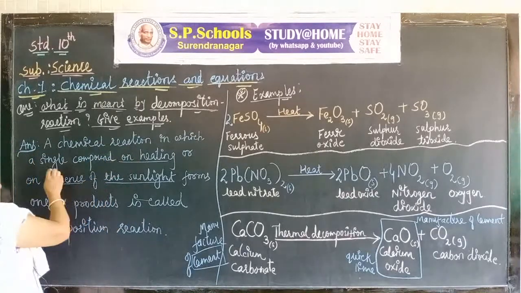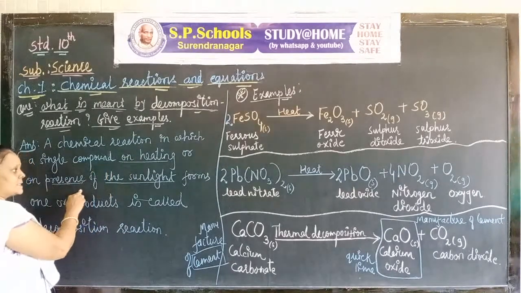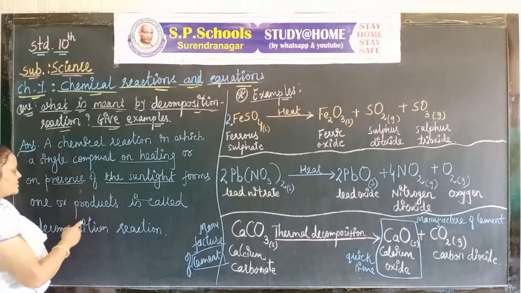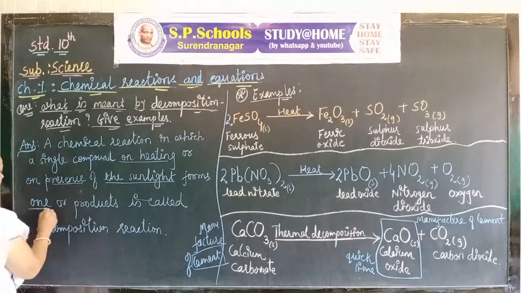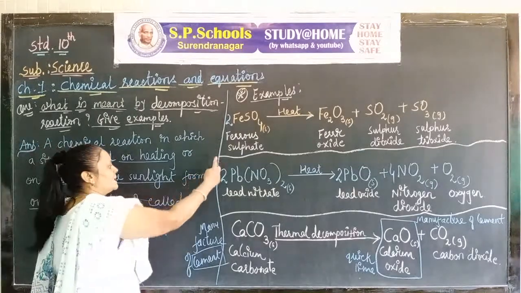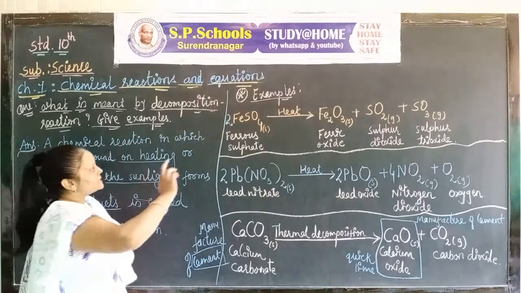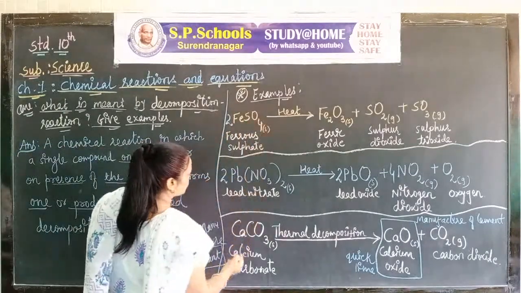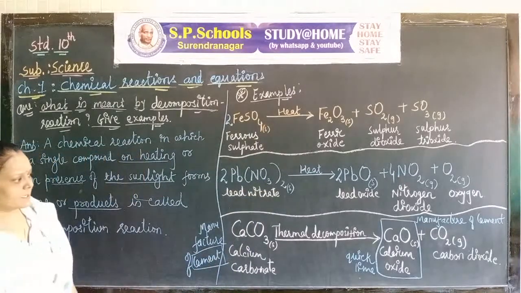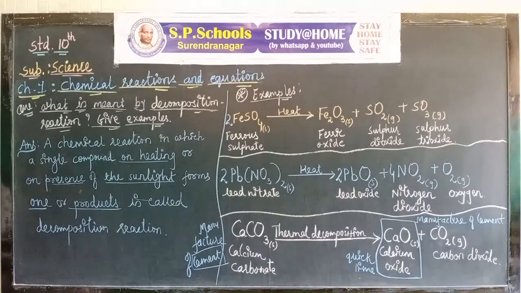A chemical reaction in which a single compound, on heating or in the presence of sunlight, forms more than one product is a decomposition reaction. The three equations are simple examples of decomposition reaction. Let's study another topic related to chemical reaction in the next session.